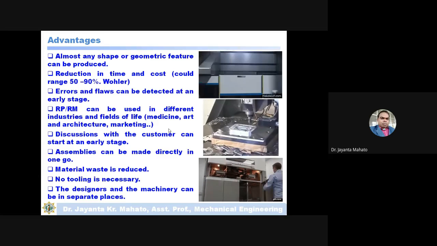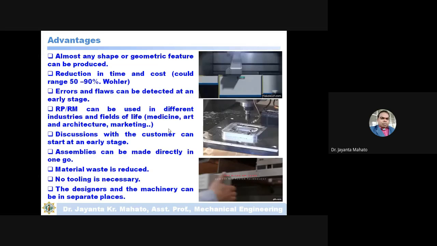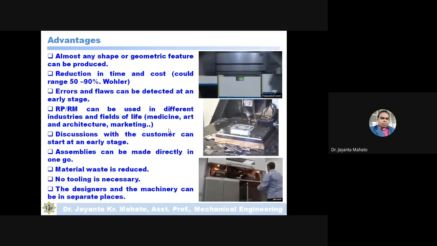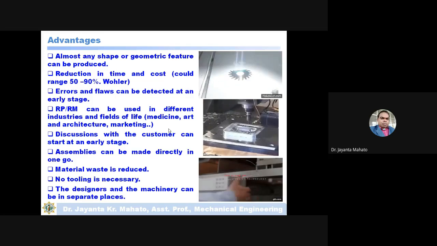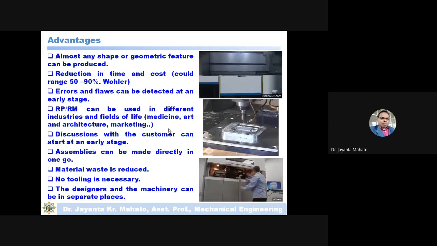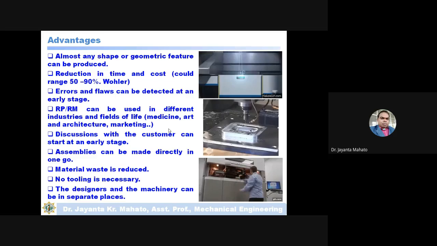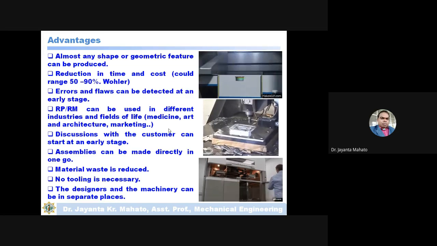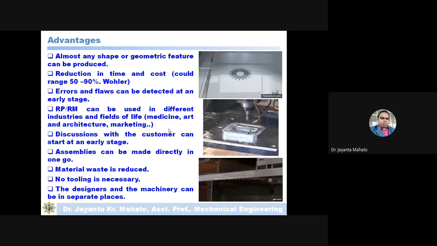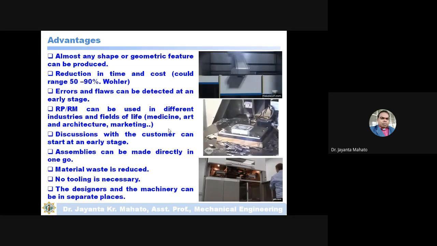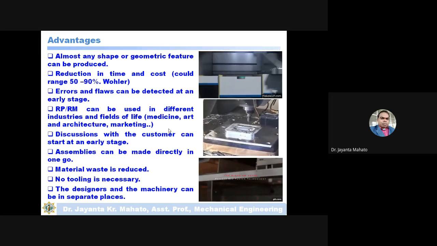The designers and the machinery can be at separate places. Direct involvement of the designers with the machines is not required.